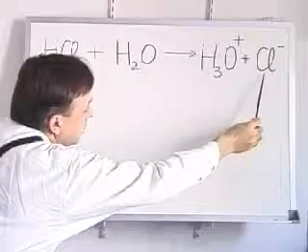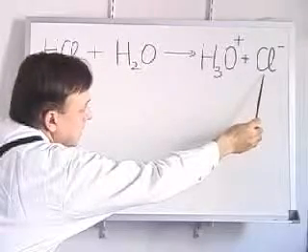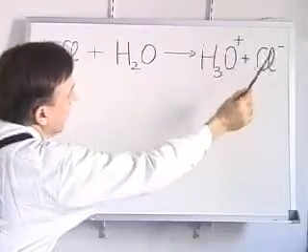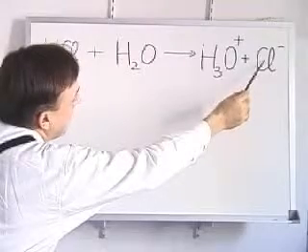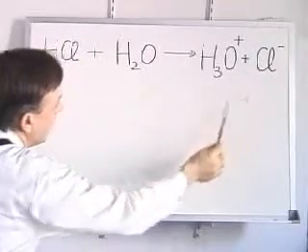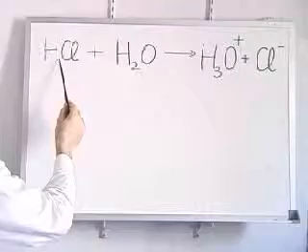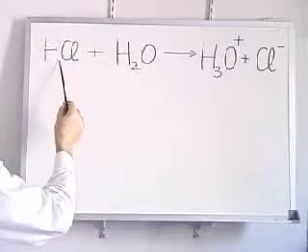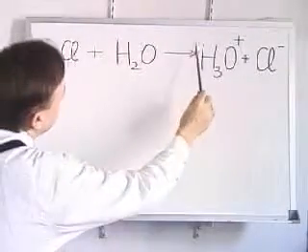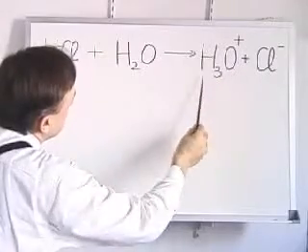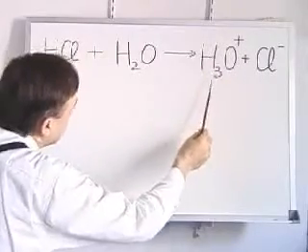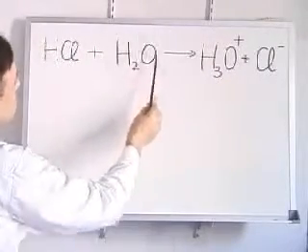That is, a species that has the potentiality to act as a base, to accept protons. In this instance, the chloride ions are the conjugate base of the hydrogen chloride dissolved in water, which is the acid. On the other hand, the hydronium ions are the conjugate acid of the water, which is the base.